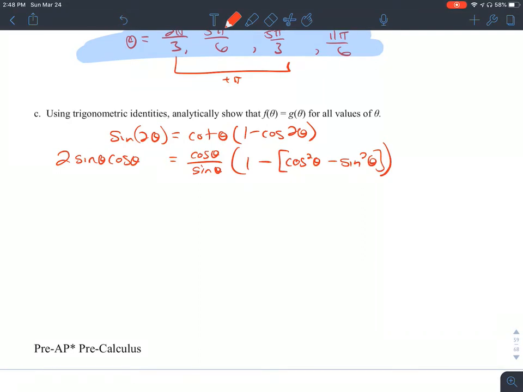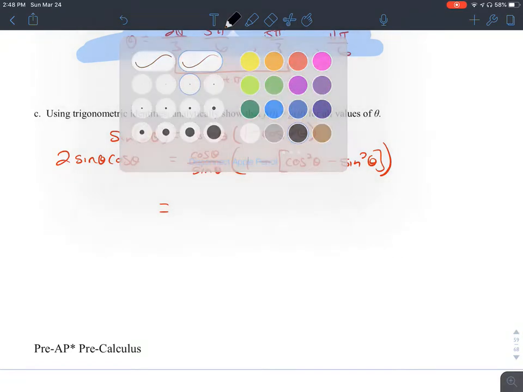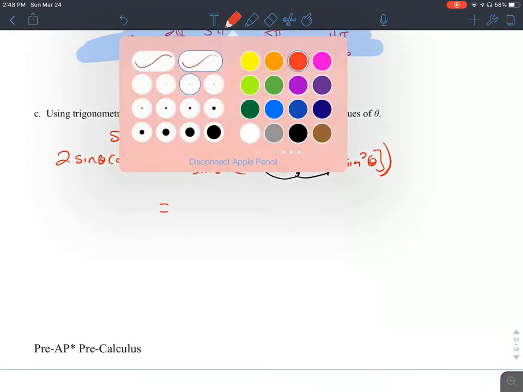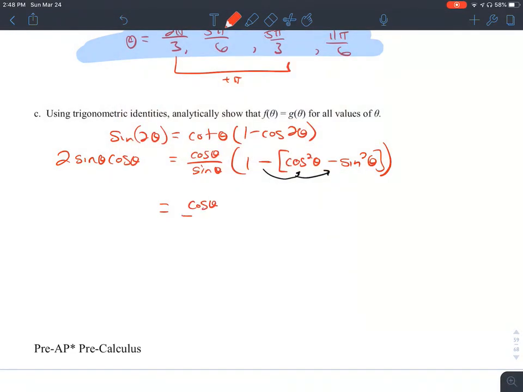Then I am going to distribute this minus. It's going to make this cosine of theta over sine of theta times 1 minus cosine squared of theta minus sine squared of theta.